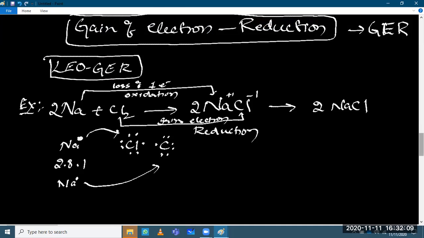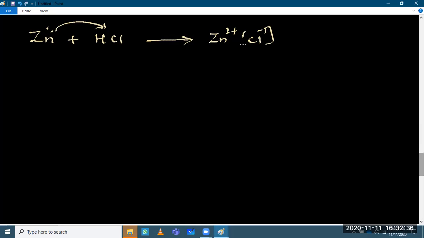Next, one more example. For example, zinc metal treated with HCl. Look here, zinc has 2 electrons in its outermost shell. That zinc donates 2 electrons to the chlorine atoms and displaces hydrogen. It becomes a Zn2+ ion after donating 2 electrons, and Cl gains those electrons.